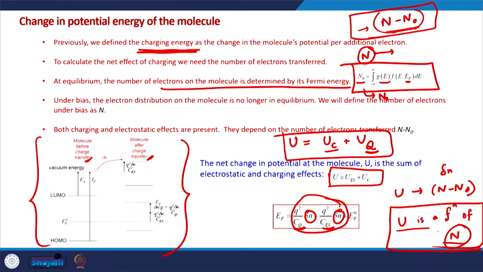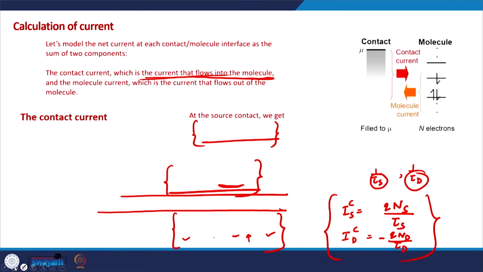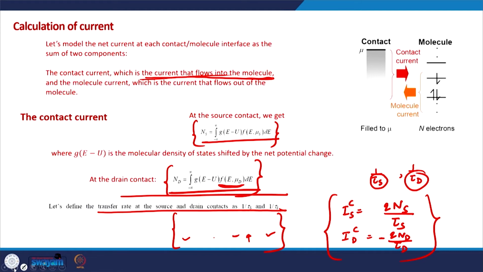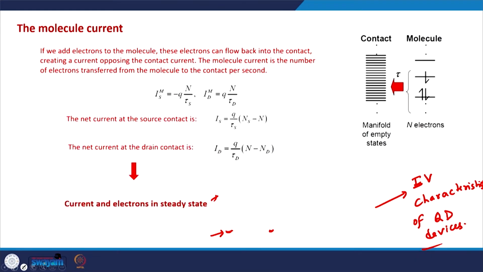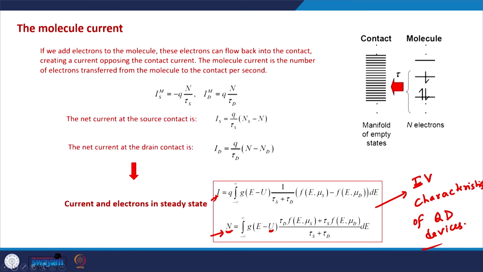In fact u depends on delta n, which is n minus n naught, where n naught is the equilibrium number of electrons. So that is the catch in these equations: the steady state number of electrons depends on u, which is in turn a function of n. So this is not a closed form equation. We cannot have a closed form solution of these equations.